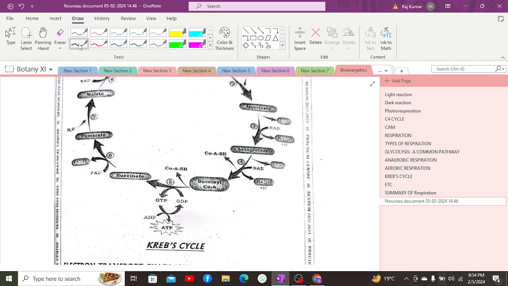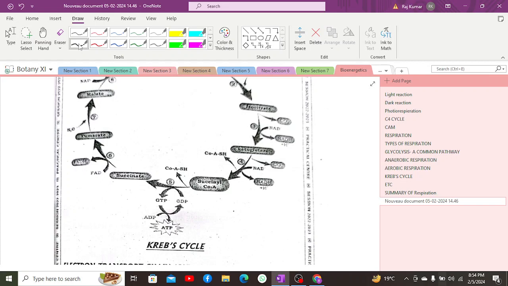Succinyl is a 4-carbon compound, and now succinyl will further combine with CoA to form succinyl CoA.